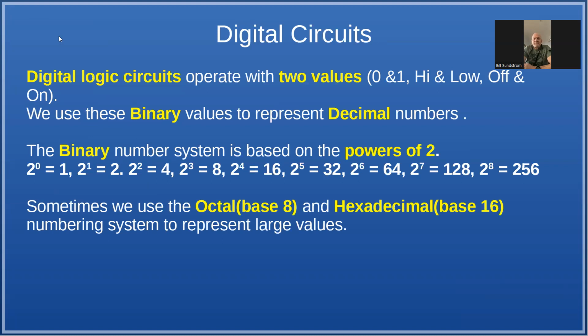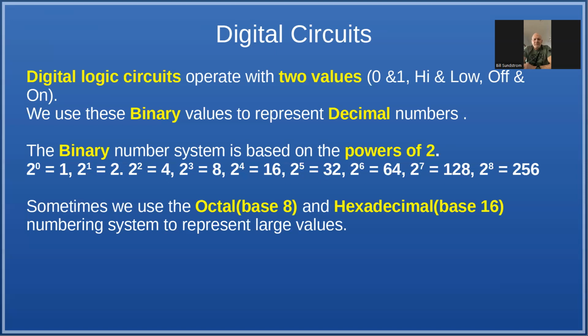So digital logic circuits operate in binary with two values, either 0, 1, high, low, off or on, true or false, 0 or 5 volts, just as long as there's two distinct states. And we can use those to represent decimal numbers where we go 0 through 9 and then powers of 10.